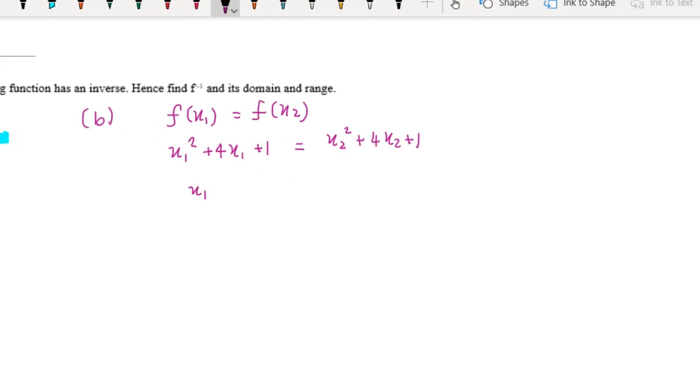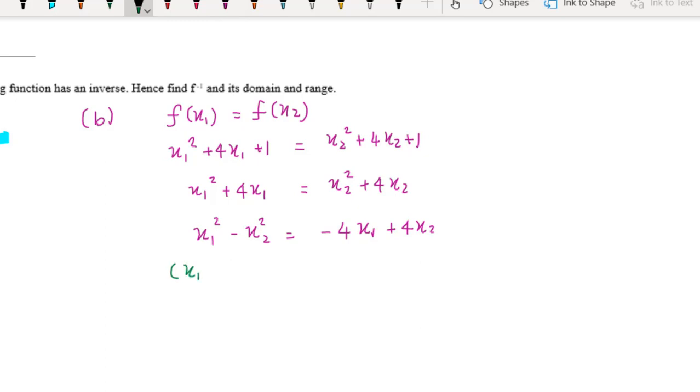From here, we eliminate the constant 1. We bring the squared terms to the left-hand side, and the right-hand side is negative 4x1, because we are moving the positive 4x1 to the right-hand side. And lastly, we do the factorization.